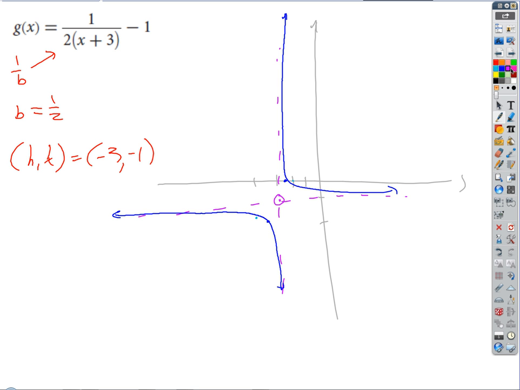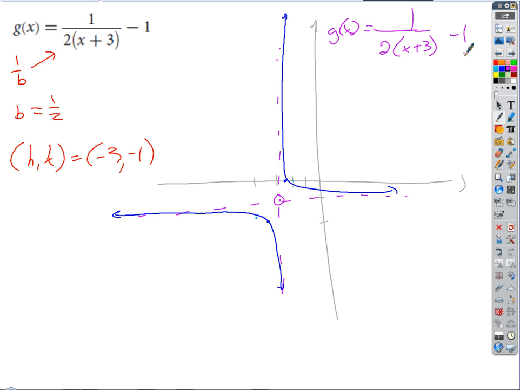We could also write this in a slightly different way. If we write g of x is 1 over 2 times the quantity x plus 3, minus 1. Well, what about that 2? I could factor out a 2 on the bottom, right?